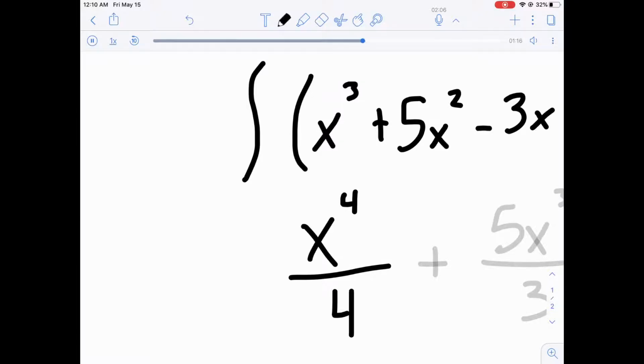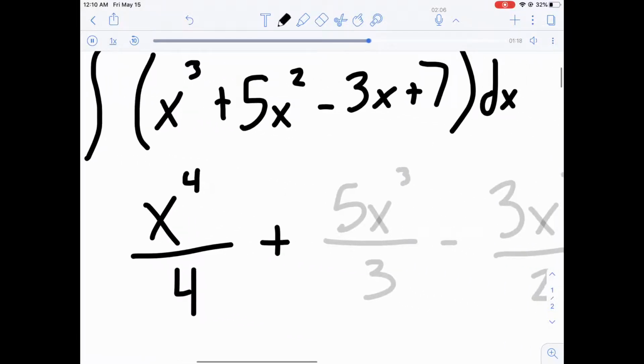So for the next one, plus 5x squared is now going to turn into 5x to the third divided by 3. And occasionally you will get one where you can simplify the numerator and the denominator, and you need to do that when that's necessary.